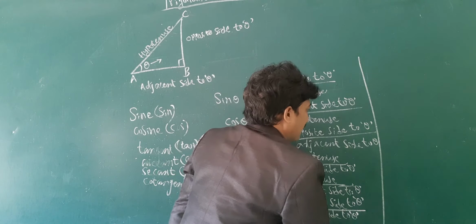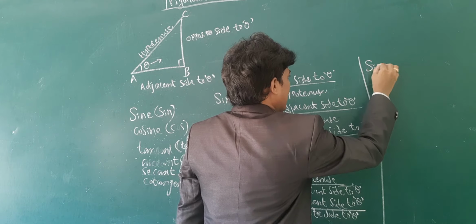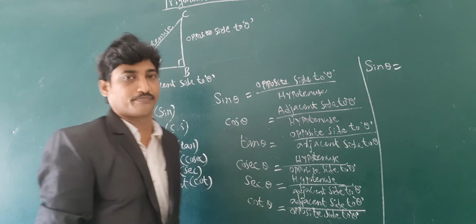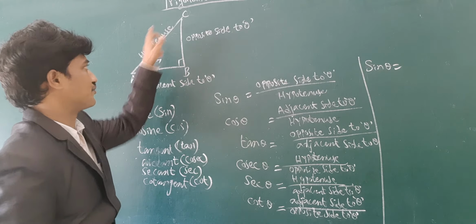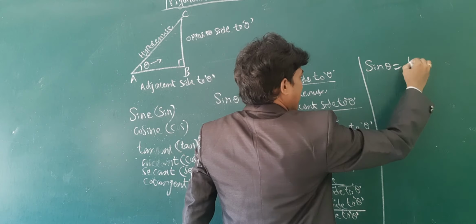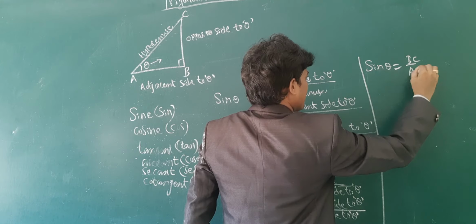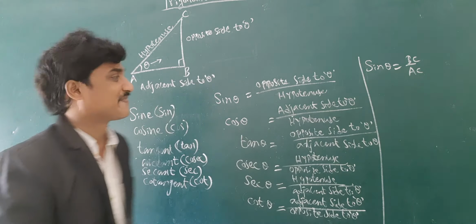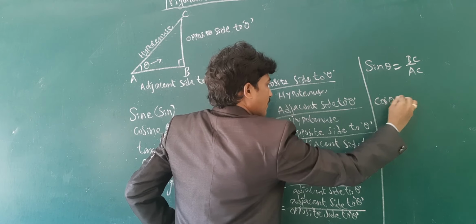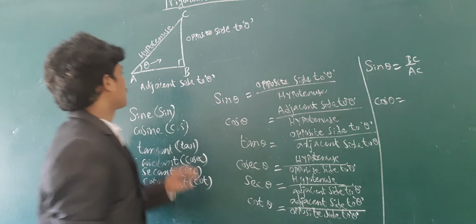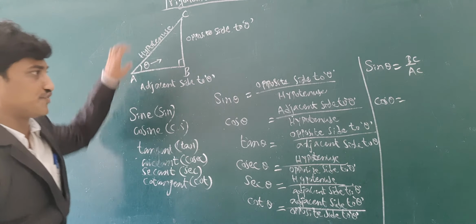Okay, sin theta I will write as opposite side to theta by hypotenuse, so that is BC by AC in this right triangle. Cos theta is adjacent side to theta by hypotenuse, so AB by AC.